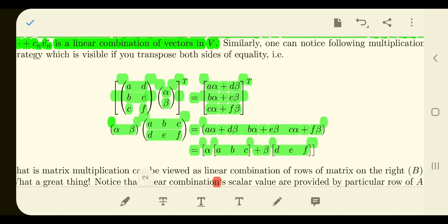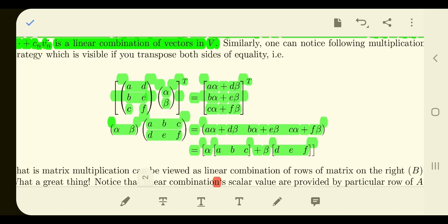So you see alpha times a b c, which is nothing but the first row of the matrix on the right, that is B. If we say AB equals C, then A becomes alpha beta and B becomes the 2 by 3 matrix, and the product becomes alpha times the first row of B plus beta times the second row of B. That's how you get the rows of the product.